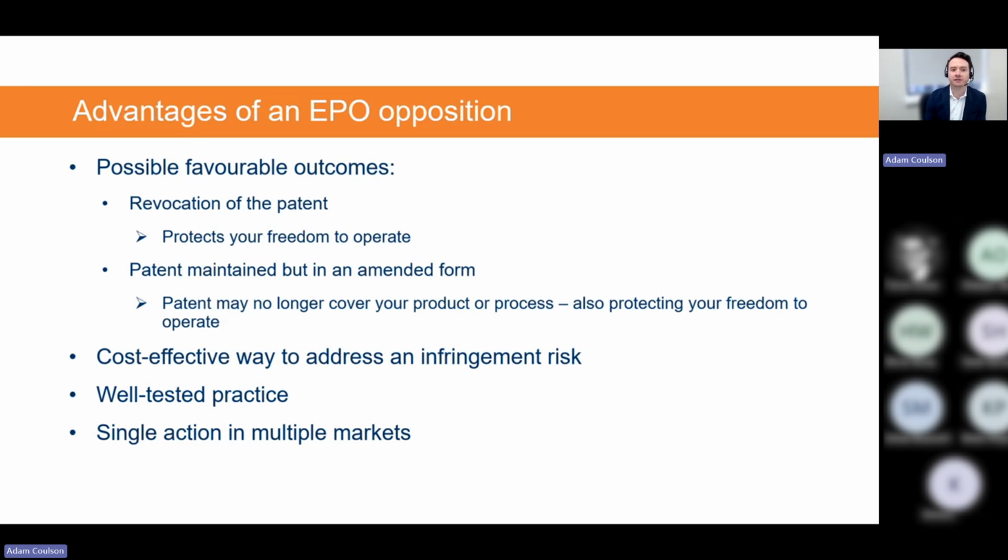If complete revocation of the patent is not achieved in the opposition proceedings, the patent owner may be forced to limit or amend the claims of the patent to an extent that the patent no longer covers the product or process, therefore also protecting your freedom to operate. As with revocation, limitation of the patent is also effective in all of the states or territories covered by the patent.